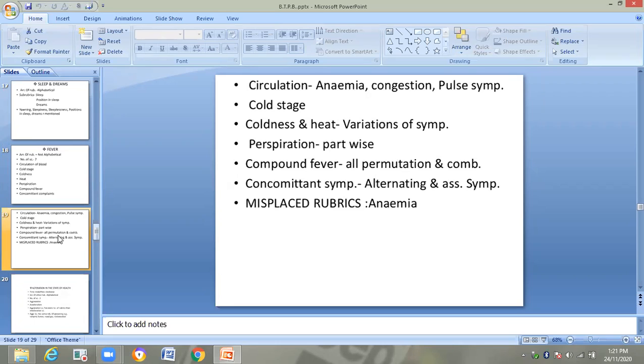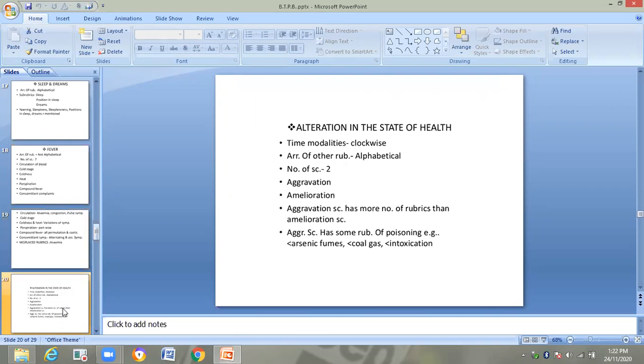Then compound fever has all permutations and combinations, and concomitant symptoms are alternating and associated symptoms. The misplaced rubric we found in this fever section is anemia. It was given under the part that is fever.